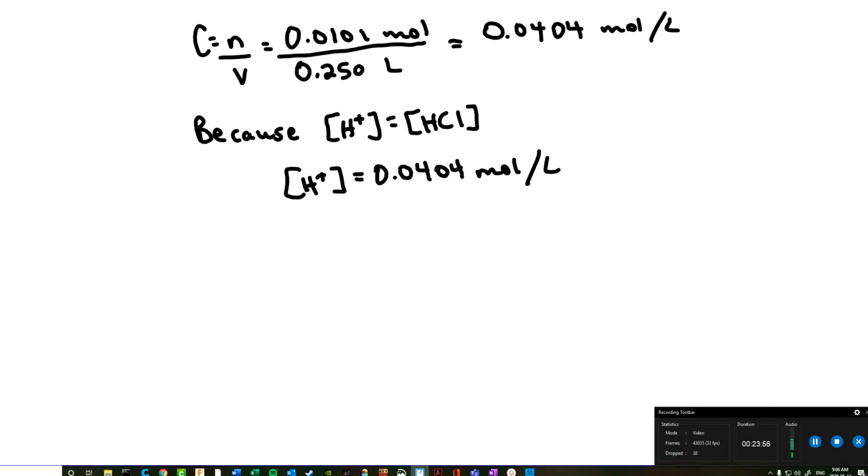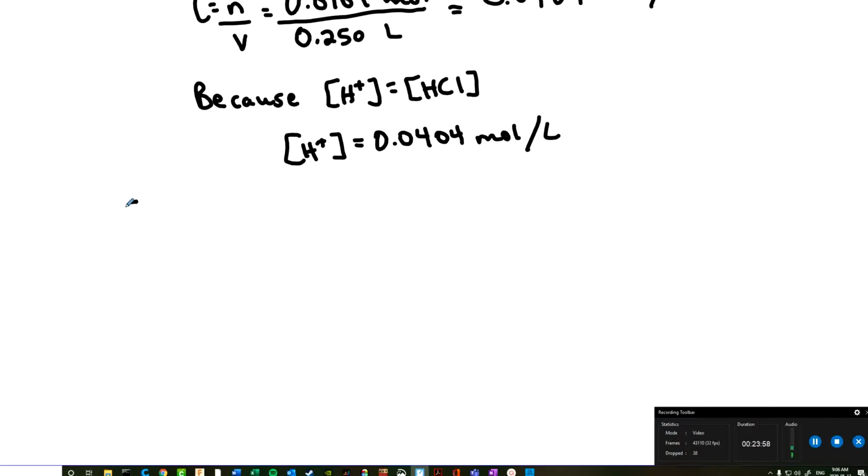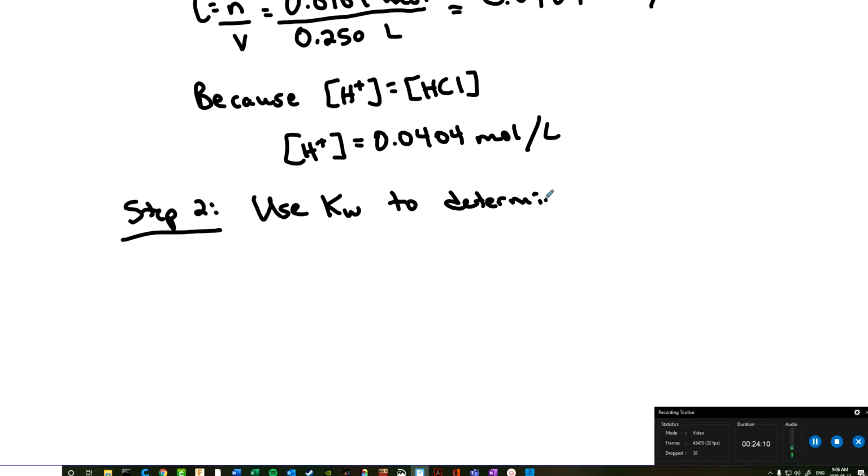So now, step 2 is use Kw to determine the hydroxide ion concentration. This would be just like what we did before.